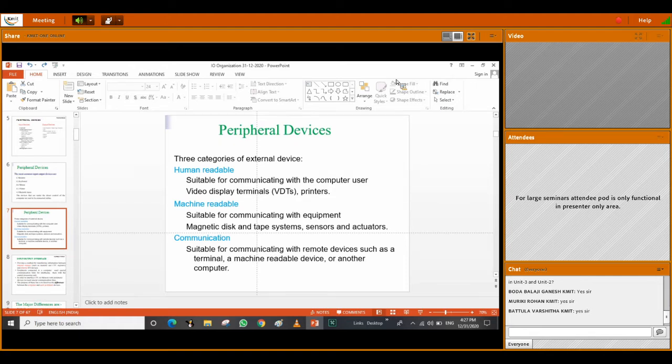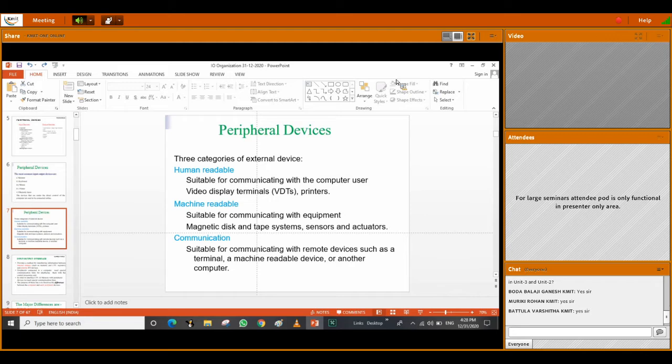Machine readable is suitable for communicating with equipment: magnetic disc and tape systems, sensors and actuators. And one more, communication, suitable for communicating with remote devices such as terminals, a machine readable device, or another computer. These all come under the peripheral devices.